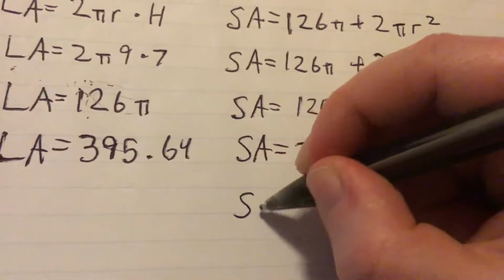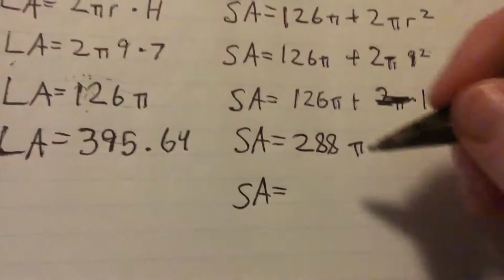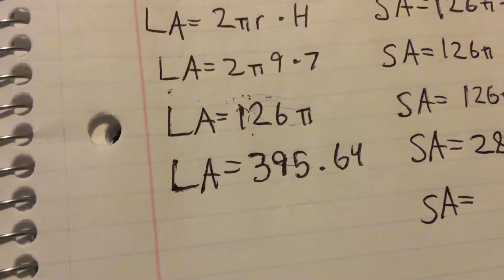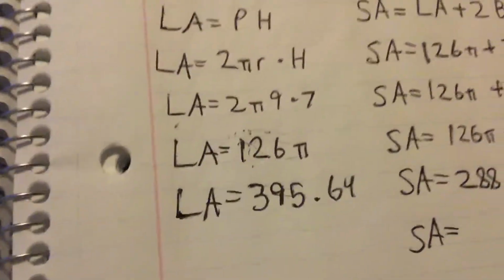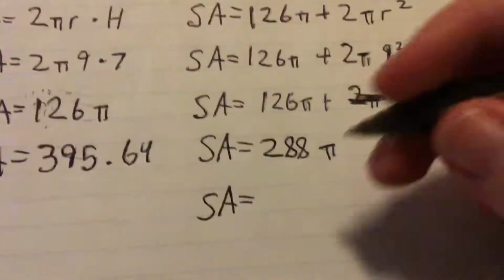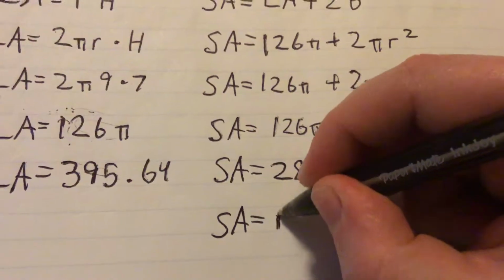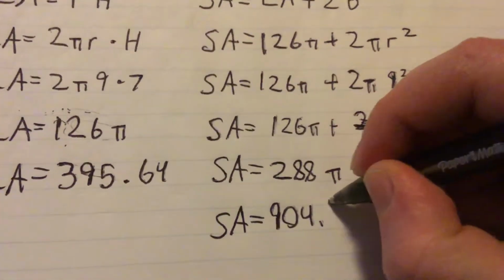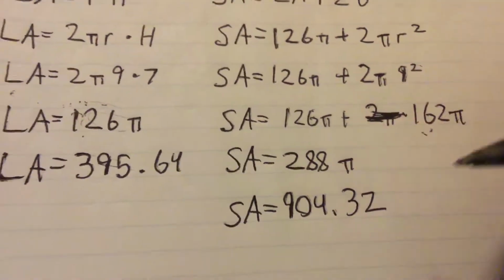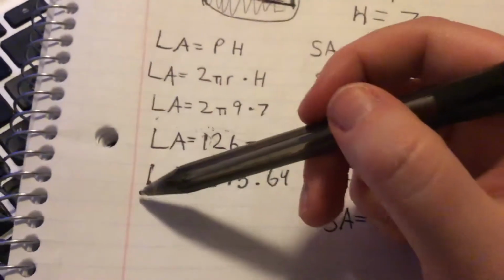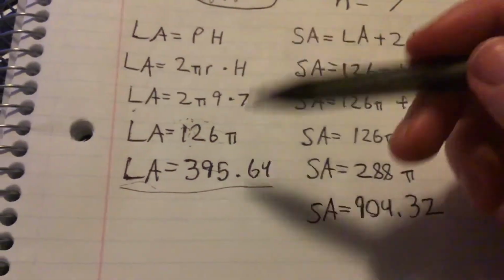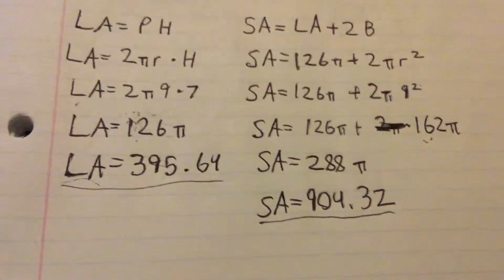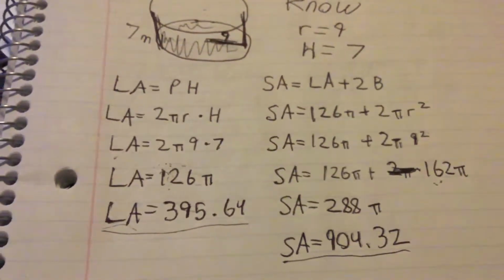Now we're going to plug in 288 pi, which should give you 904.32. Alright, so this is your main answer for lateral area. This is your main answer for surface area.